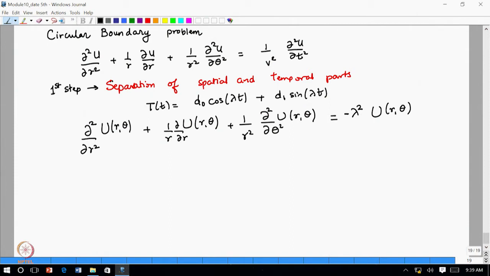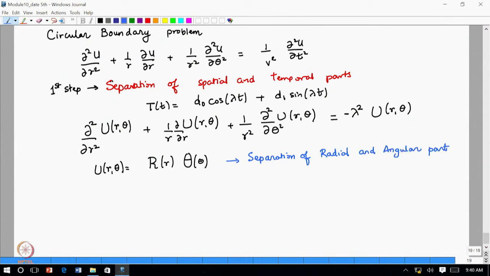Now, what we will do is write U of r theta is equal to R of r into capital Theta of theta. This is the next separation, of radial and angular parts.